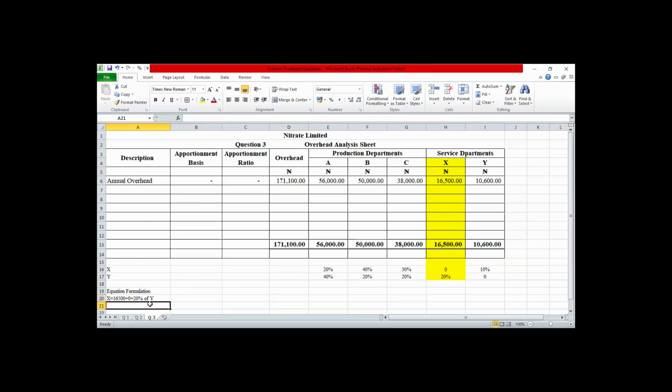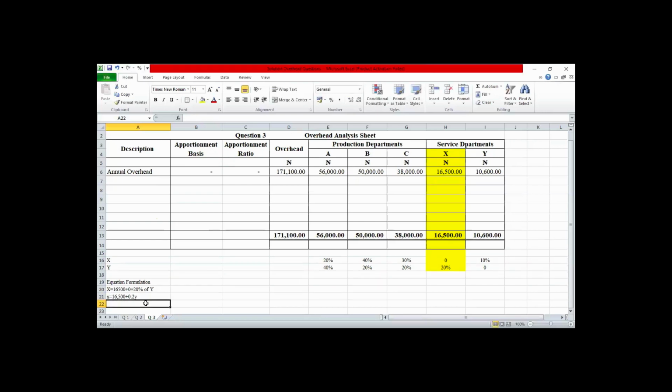The X is now equal to 16,500. 0 has no value, I will ignore it. I will now convert this 20% to decimal. It will now be 0.2Y.